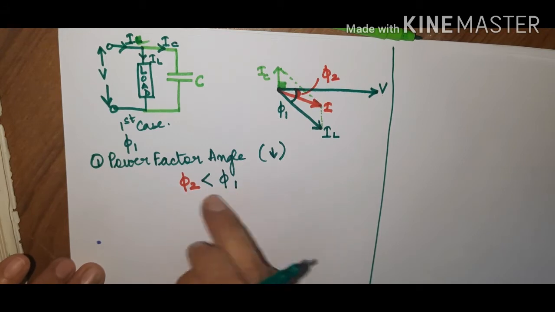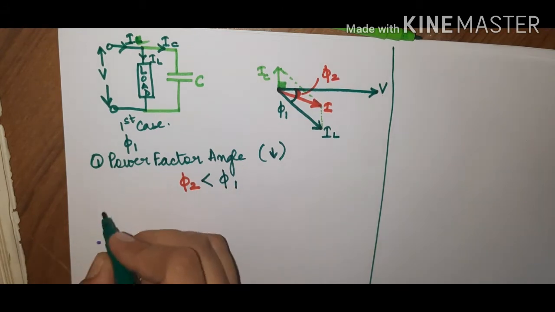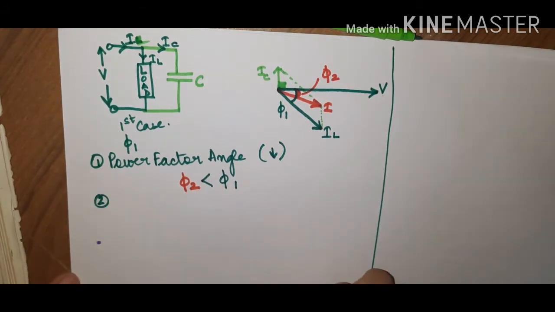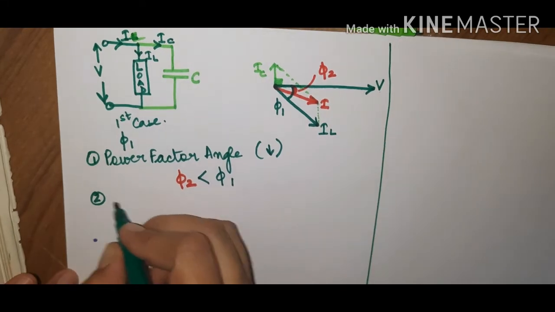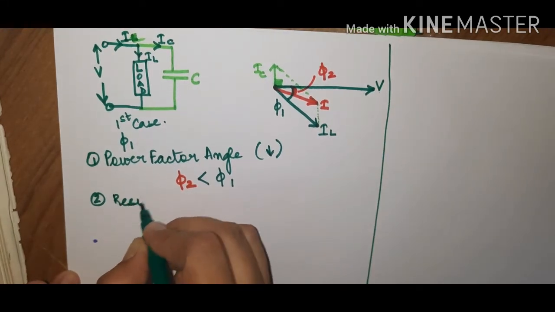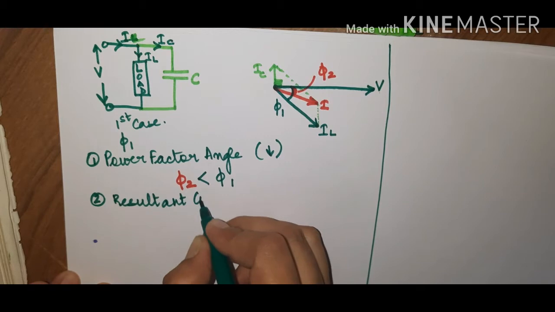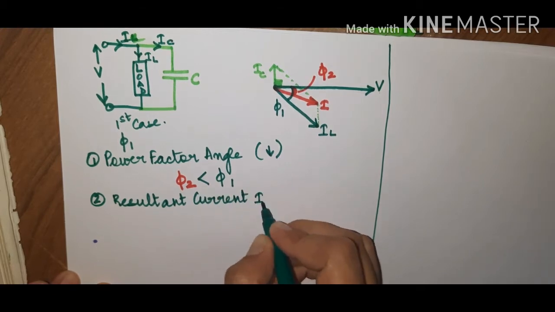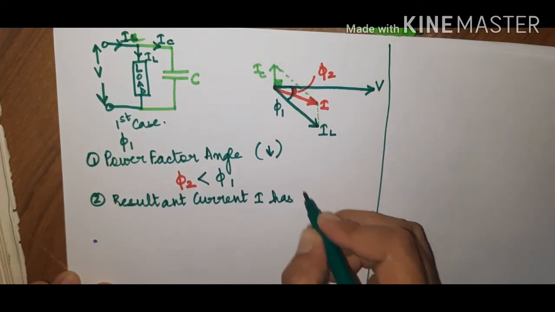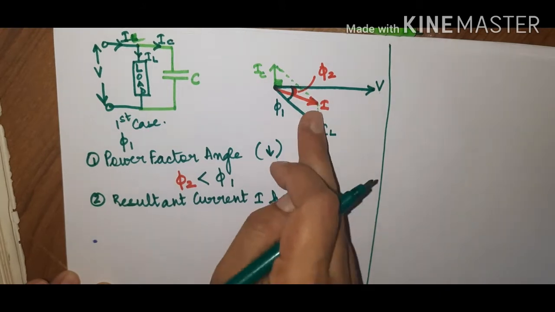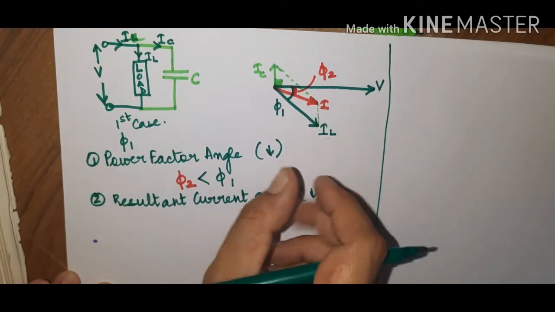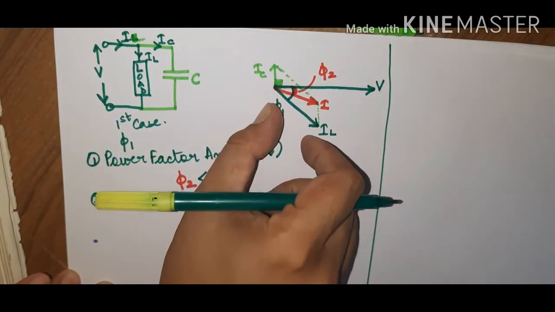So when the power factor angle has reduced, what has happened? The second thing that has happened is, in terms of magnitude, the resultant current I has basically reduced. So as you can see over here, earlier the current was IL, and if you measure its magnitude, it was quite large.